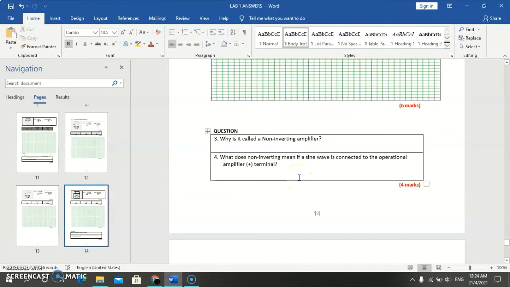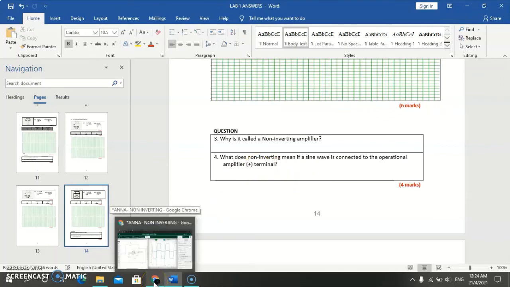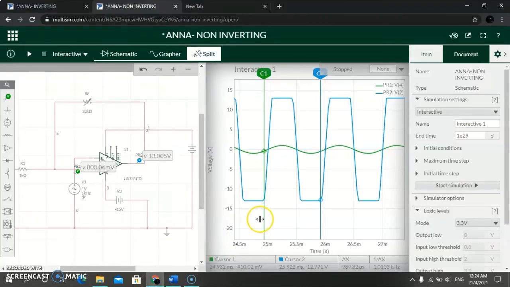What does non-inverting mean? If a sine wave is connected to the operational amplifier's positive terminal, that is the non-inverting input, so it becomes a non-inverting amplifier, because in this condition the wave will not change after it has gone through the amplifier.